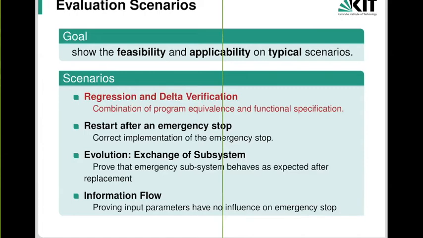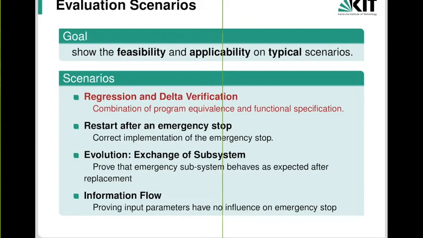But in some cases, there was an optimization or a bug fix, and in these cases, the behavior should be different. And so we can't compare them to the old revision. So in these cases, we have to give a functional specification to ensure the dependability.